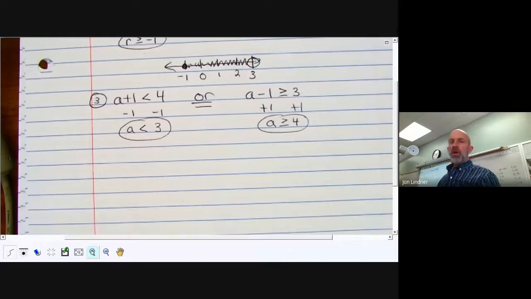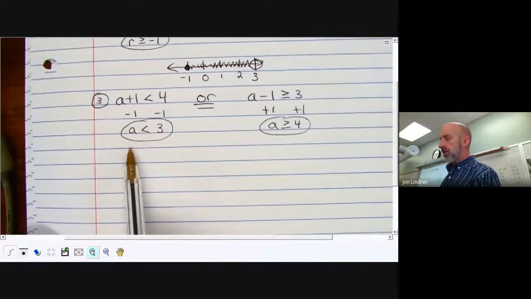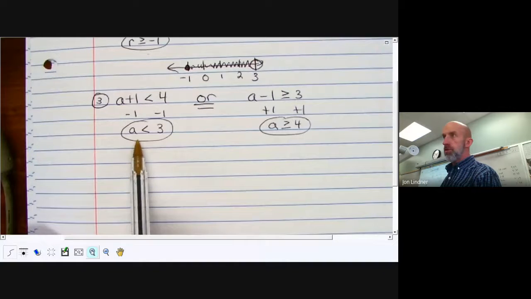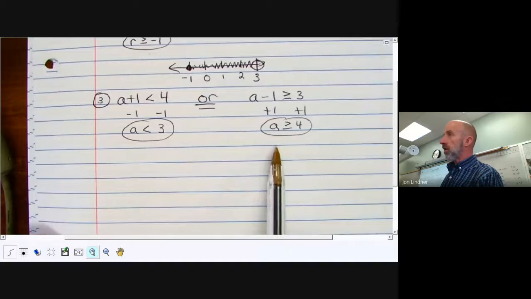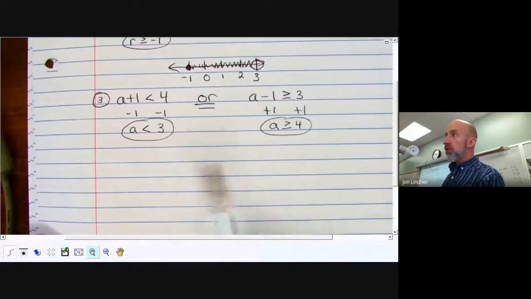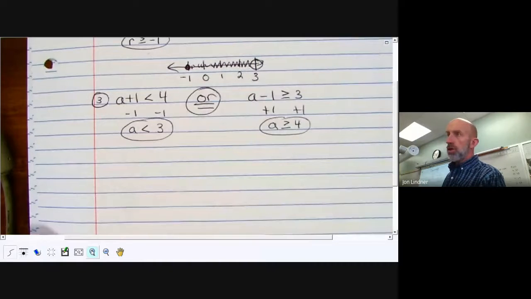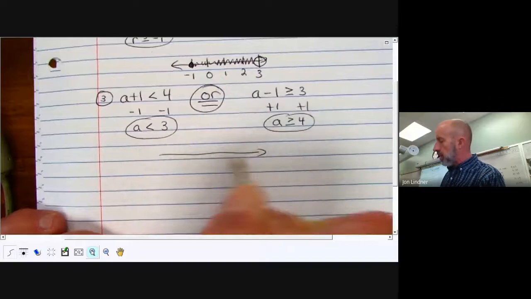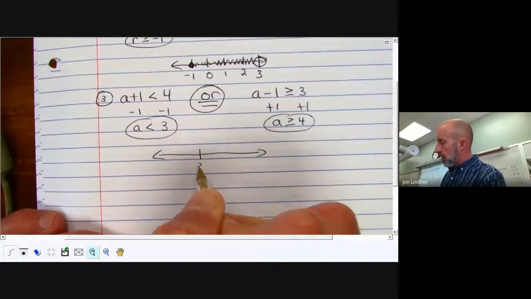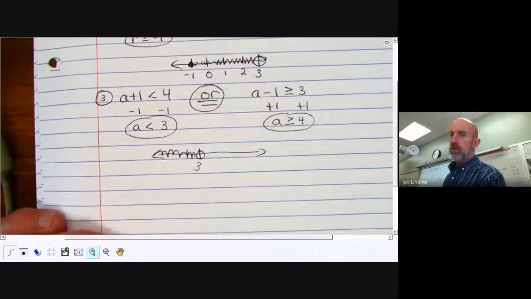Now let's think for a minute. This says that the numbers are less than 3 or bigger than 4. Those cannot both be true at the same time. That's why this word or is so important, because the numbers less than 3, here's 3, are this way.